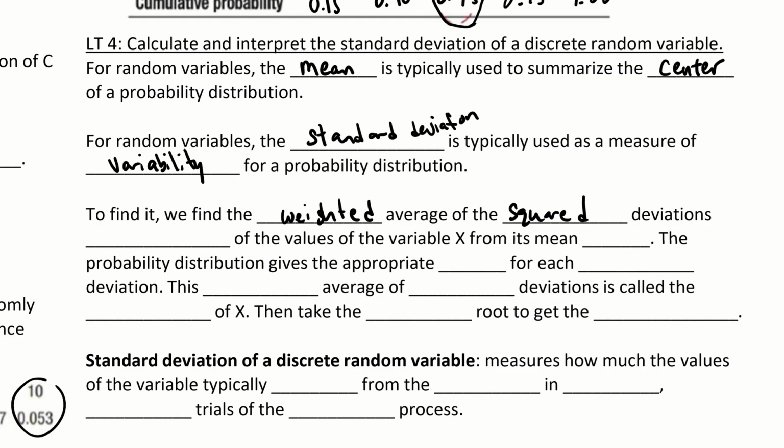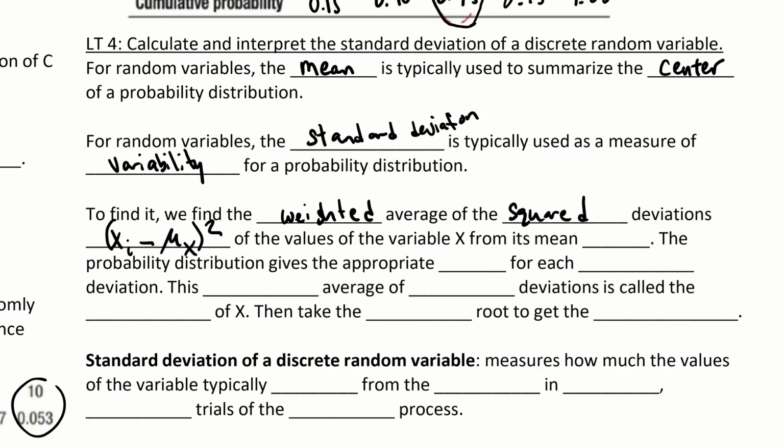So the deviations are the x values minus the mean value, and the mean value is mu x, the mean value or the expected value. We're going to square those deviations, and we're going to do a weighted average of those. Weighted average means you multiply them by a weight to average them, okay?